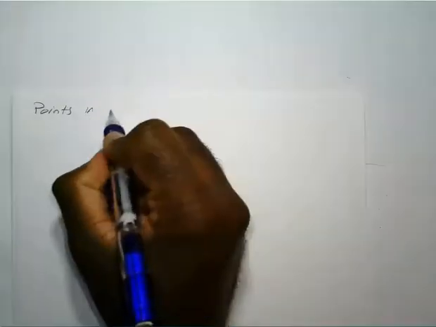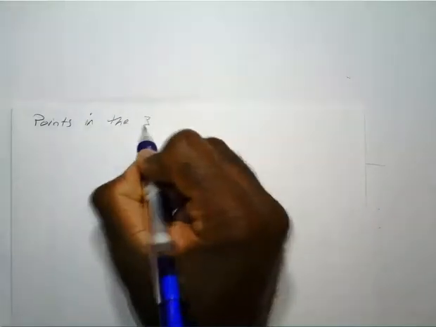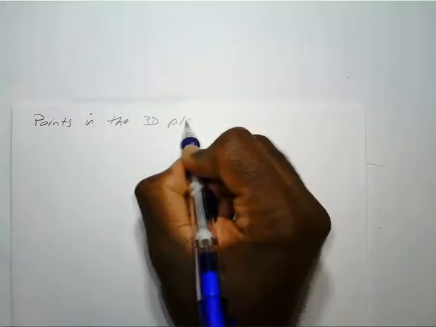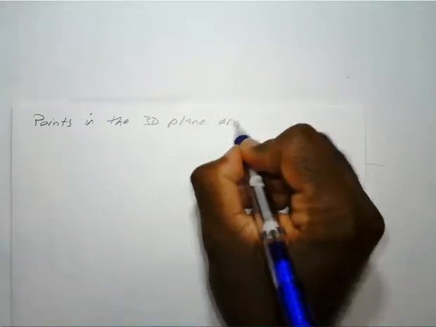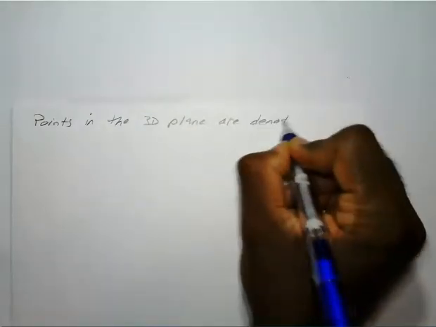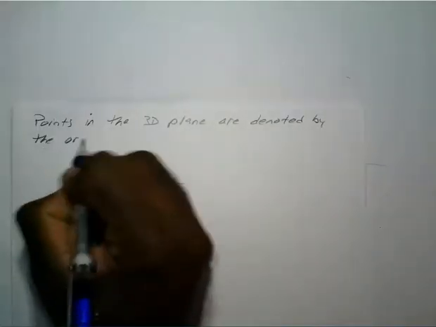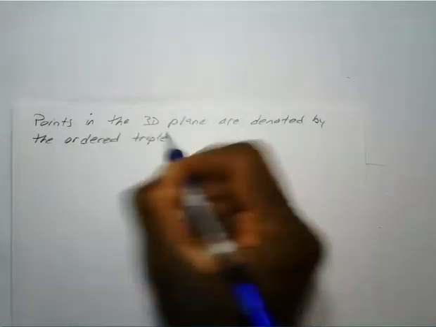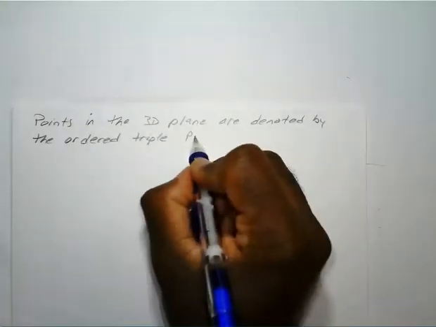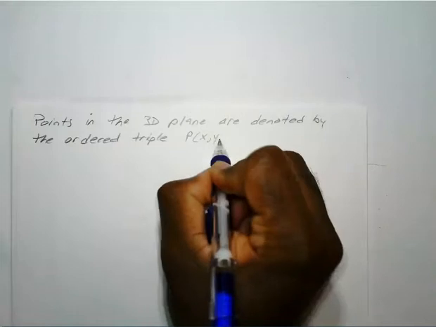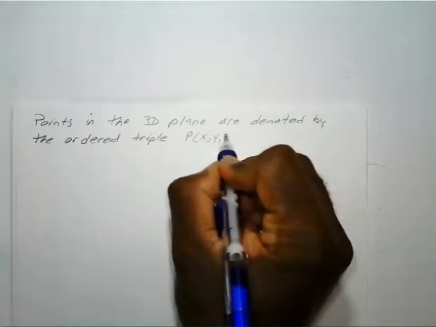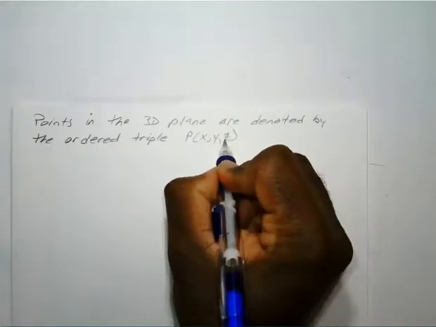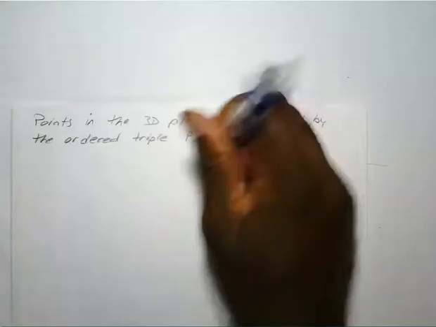Points in the three-dimensional plane are denoted by the ordered triple, we'll say the point we'll call X, Y, and Z. Let me clean that Z up a little.